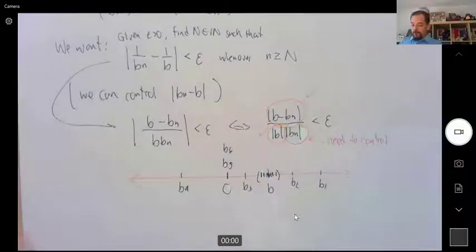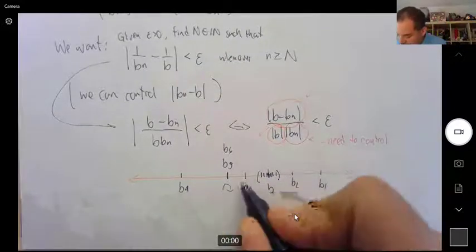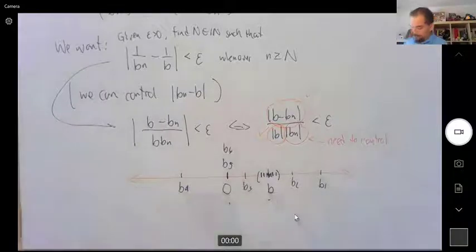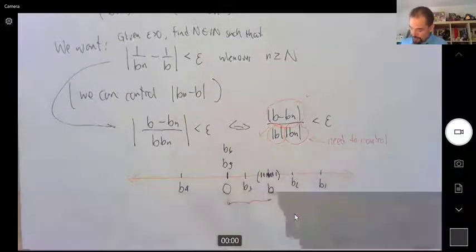Okay? So because they're going to be really, really close to B, we can guarantee that eventually none of them are 0. How can we do that? Well, just pick an epsilon that is smaller than the distance from here to here, right? So pick epsilon 1. So whatever this distance is, oh, we know what that distance is.